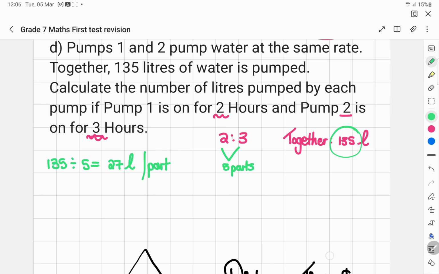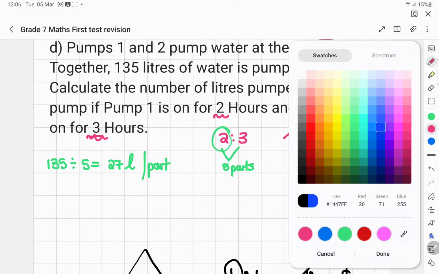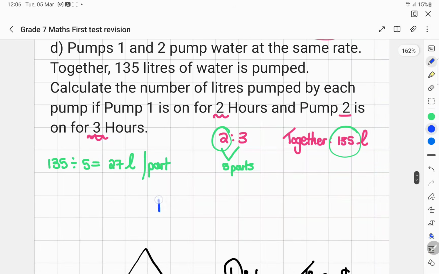Okay, so pump 1 pumped 2 parts. So if you multiply 2 parts times 27 liters, that will give you 54 liters altogether.